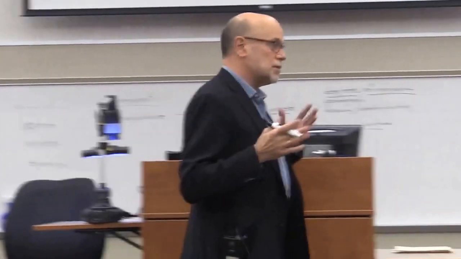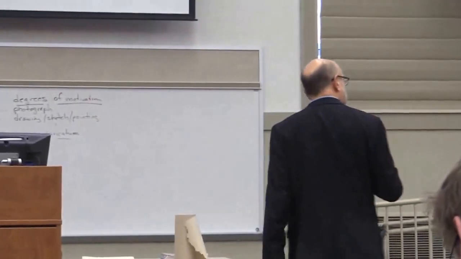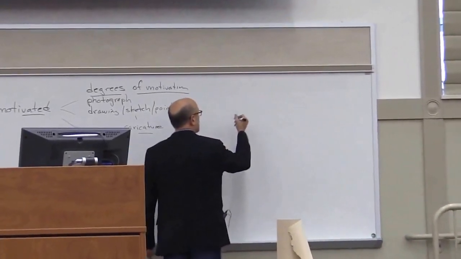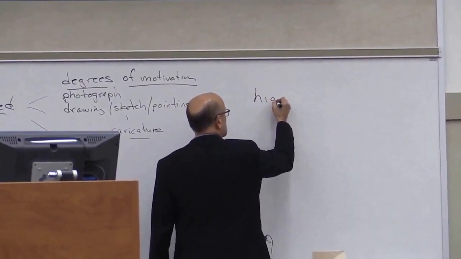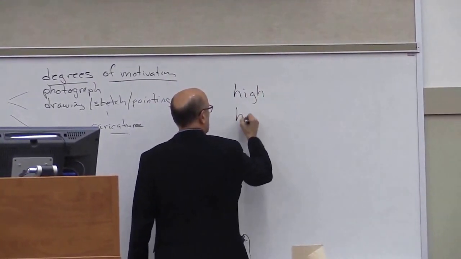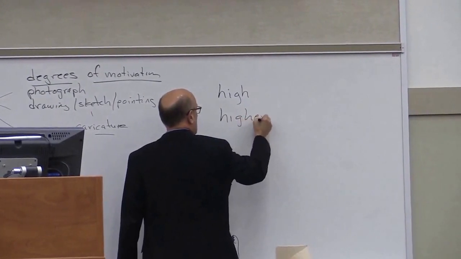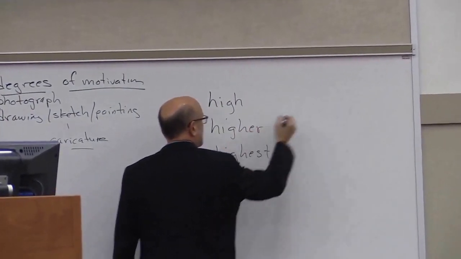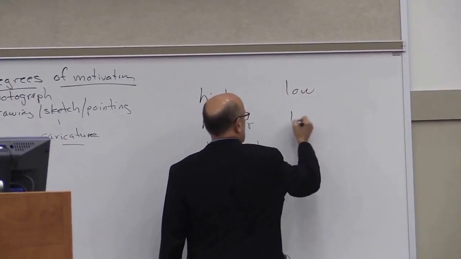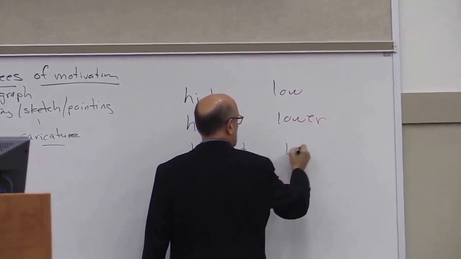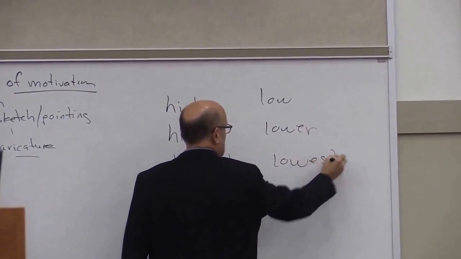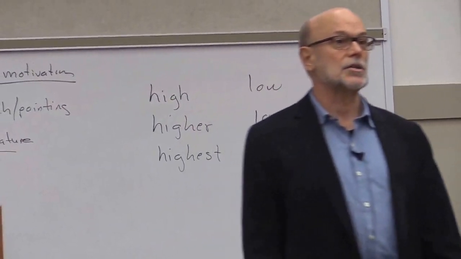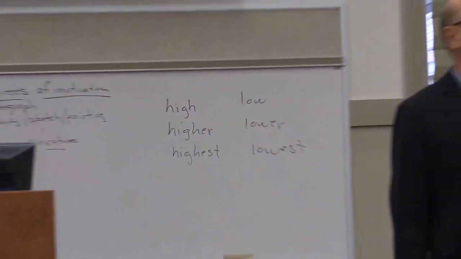Look at this series. These two different series. These are how icons function in conjugations for high, higher, highest, low, lower, lowest. How are these series iconic? They're iconic in exactly the same way, even though the semantics are opposites.